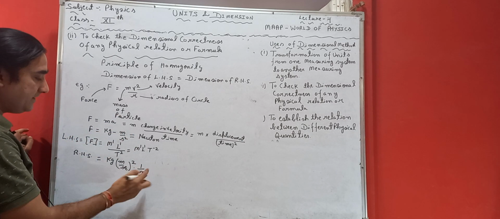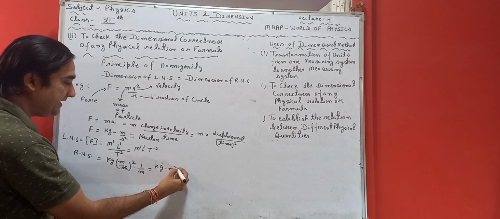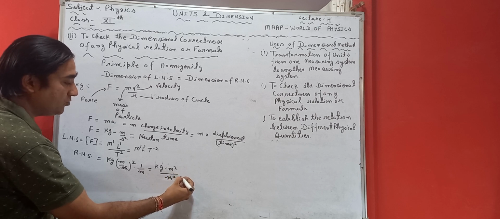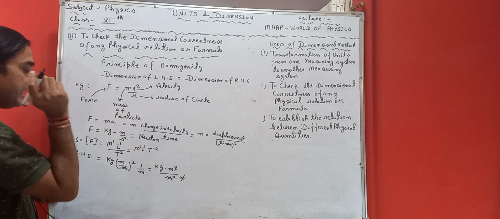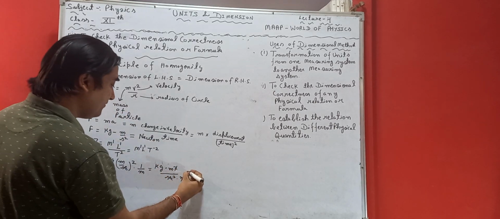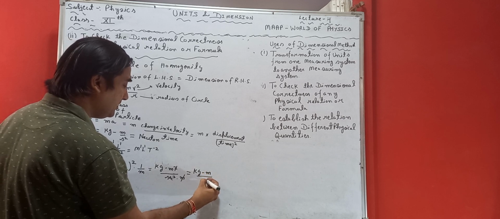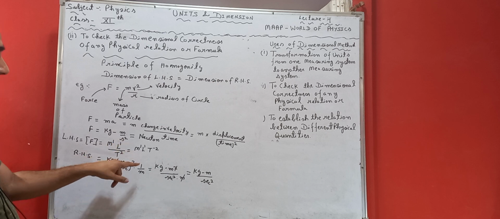So kilogram into meter square upon second square into meter, and the meter square cancels out this meter, so it becomes kilogram into meter upon second square.